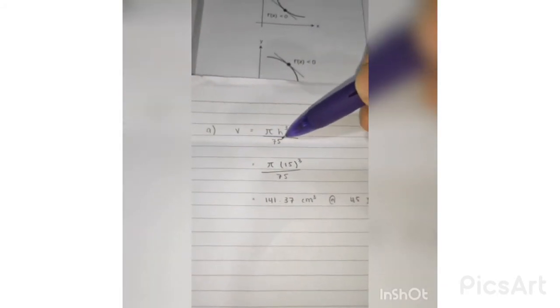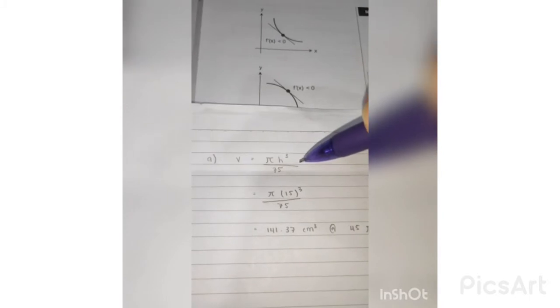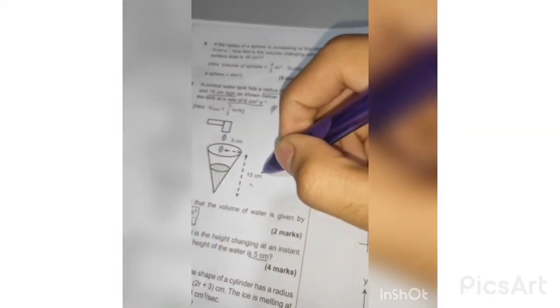Question A has been solved, so we look to the worksheet. This is the equation given for question A. From the question, we are given h equals 15, the height of the conical tank.